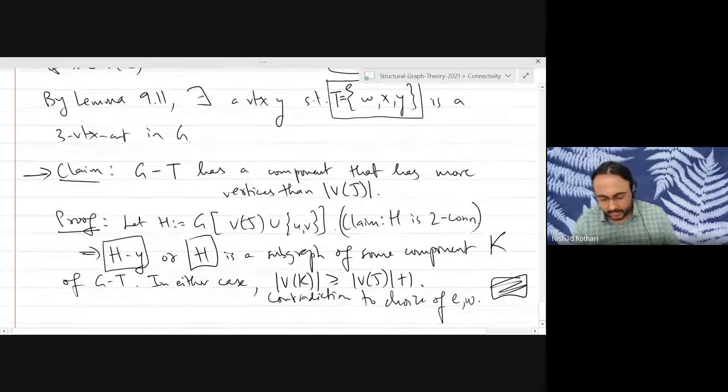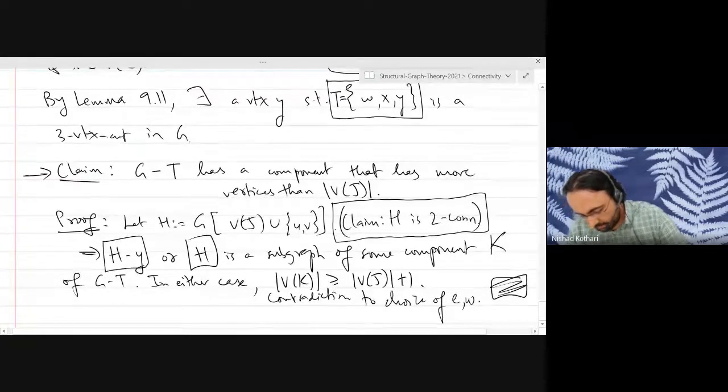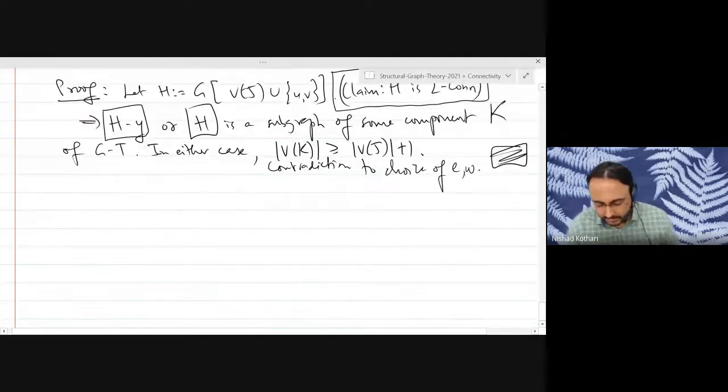The only thing I need to now convince you is that this graph H is 2 connected. Let us make some space here.